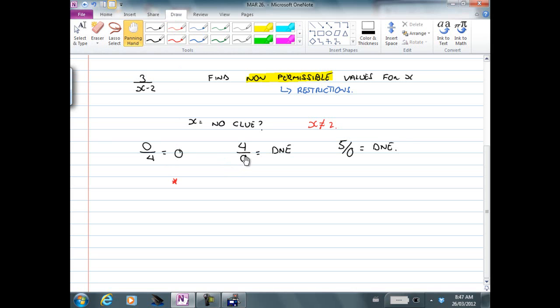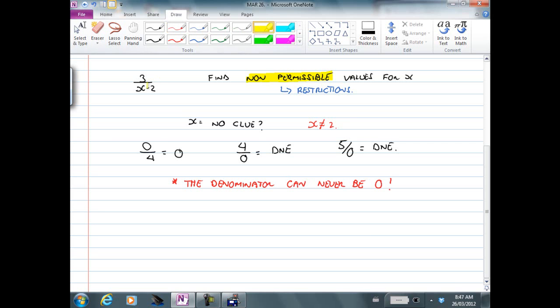Because if you have 0, there's no solution. So write this down for me: the denominator can never be 0. If it's 0, you don't have a solution, and that's bad in math. We always want a solution.